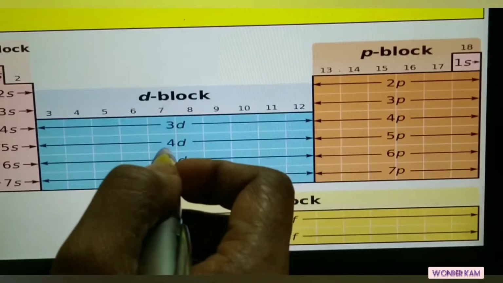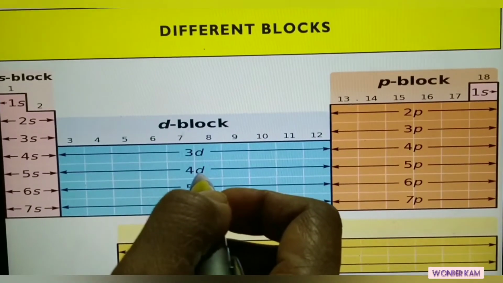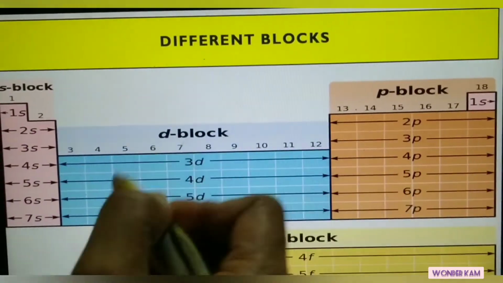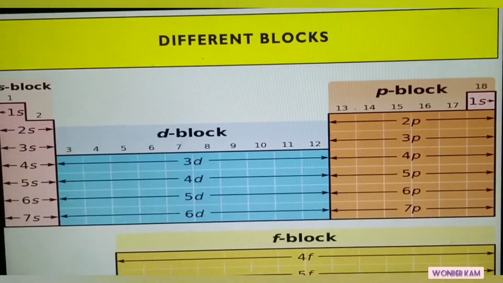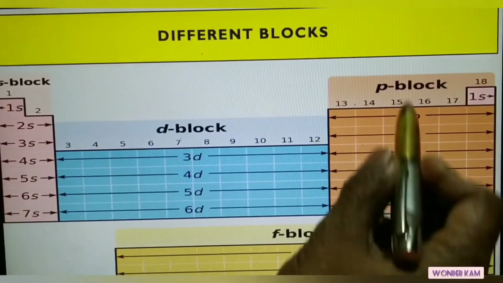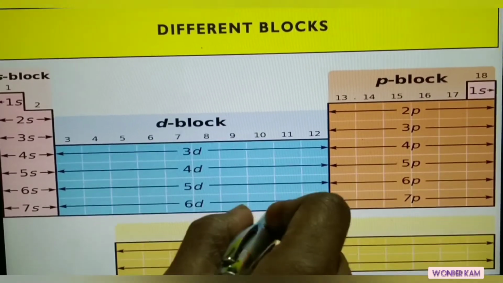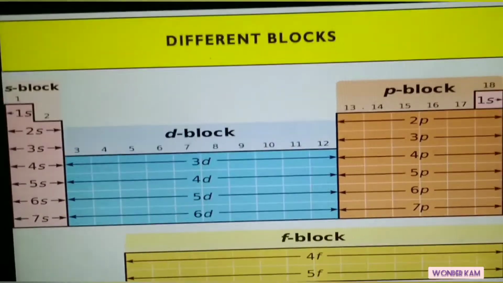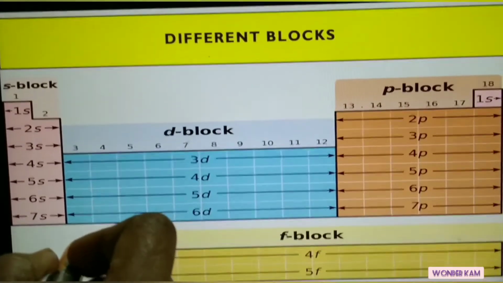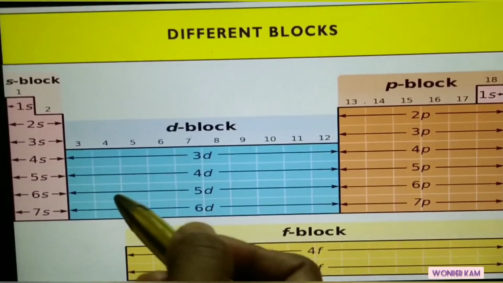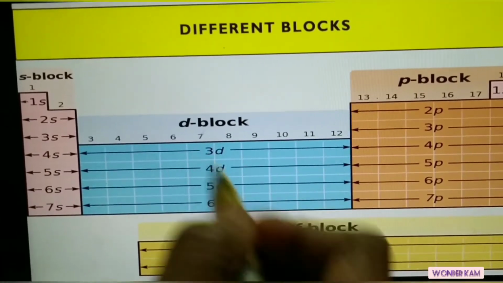The next feature of this periodic table is that it contains different blocks depending on the subshell: S orbital, P orbital, D orbital and F orbital. According to that, it has S block elements, P block elements, and D block as well as F block elements. This is based on the electronic configurations of the elements. This periodic table also arranges the elements according to their characteristics, like whether they are metals, non-metals or metalloids.